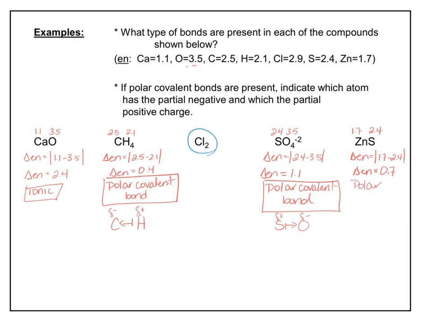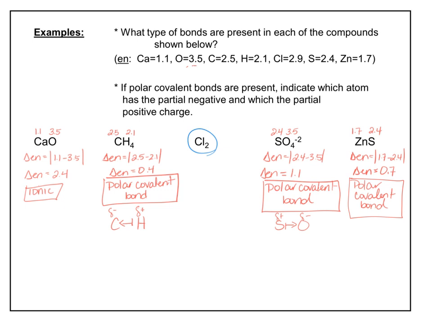They're actually sharing the electrons in the bond versus zinc giving up its electrons and sulfur taking it. So here's an example where, as I mentioned earlier, the actual dividing line between ionic and covalent compounds is not so clear cut. You would think this would be ionic, but actually zinc and sulfur form a polar covalent bond.